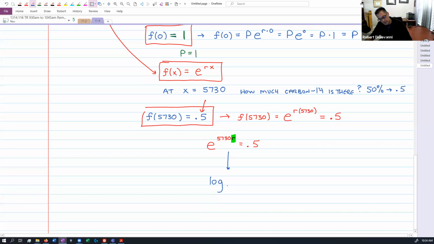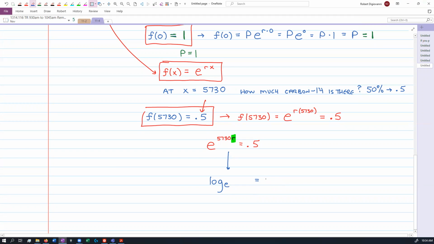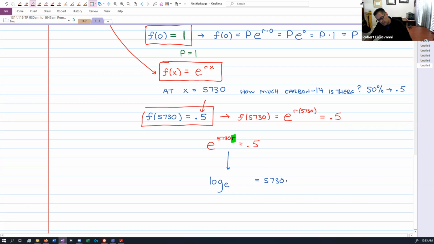Think about the loop. You'd have e here, right? What would be on this side, the right side of the equal sign? 5,730r. And then here it would be 0.5.